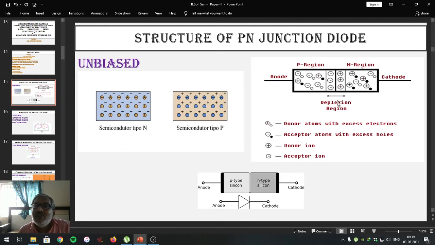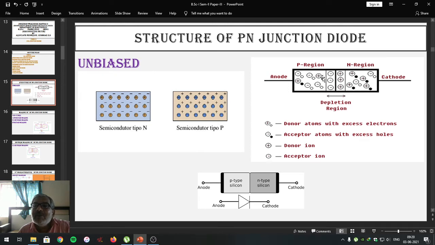The process of diffusion will continue till, when an electron enters from the N region into the P region, it will come in contact with the negative ion at the beginning, hence it will be reflected back.